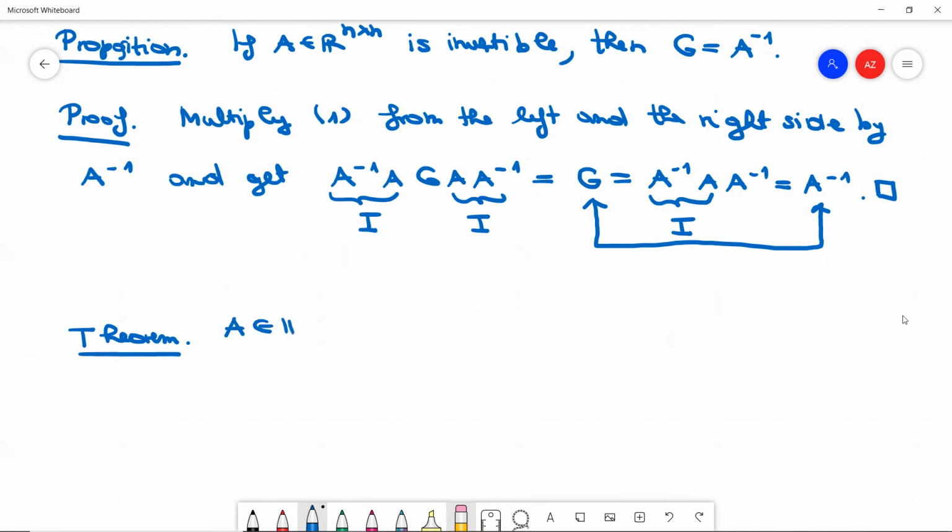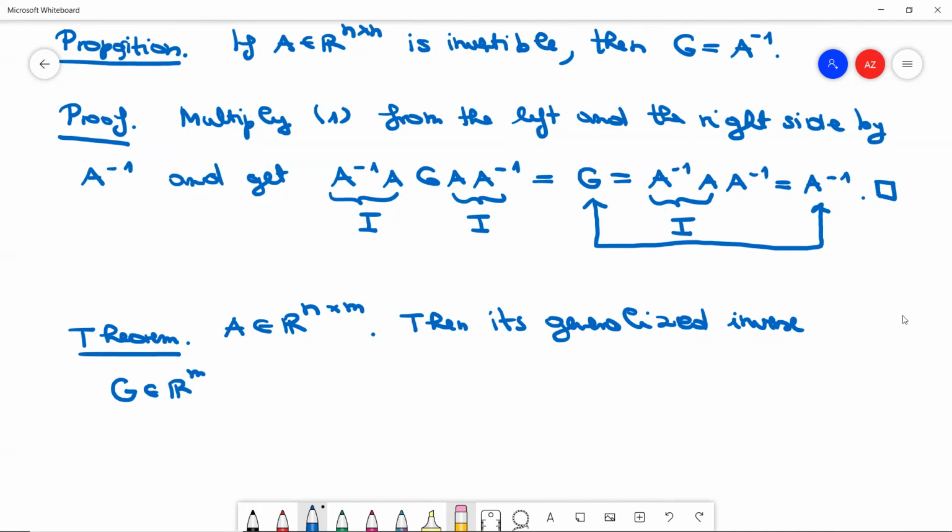A is a rectangular matrix with n rows and m columns. Then its generalized inverse G with m rows and n columns exists.